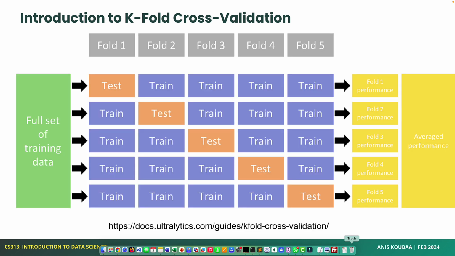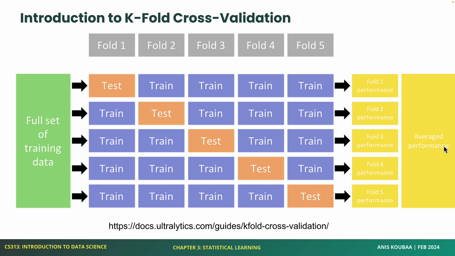And this is how it looks, as already introduced. We are going to have, for example, 5 folds, and this is the full set of the training data. We subdivide it into different folds. For the first fold, we calculate the performance, so the loss here, and then we calculate the loss in the second fold, the third fold, the fourth fold, and the fifth fold.